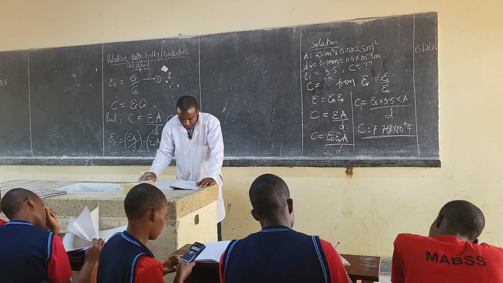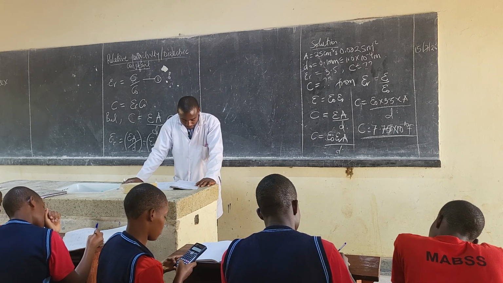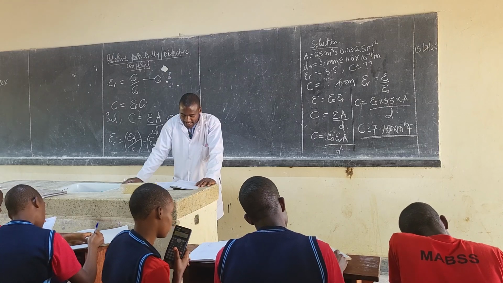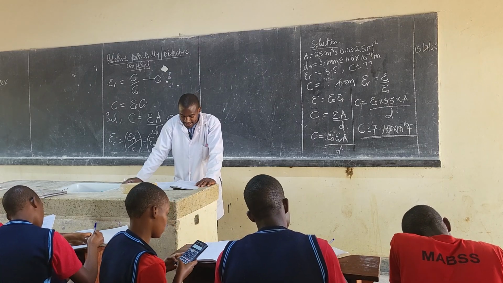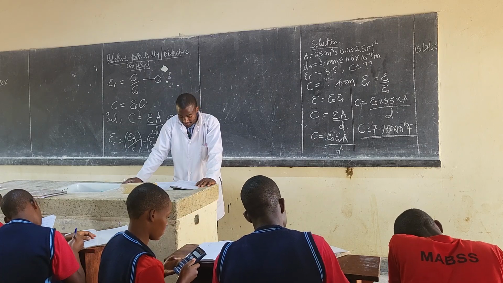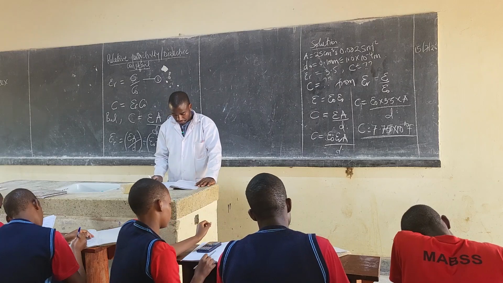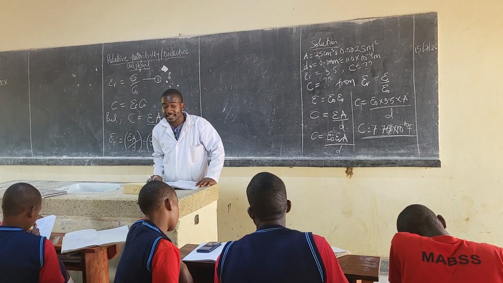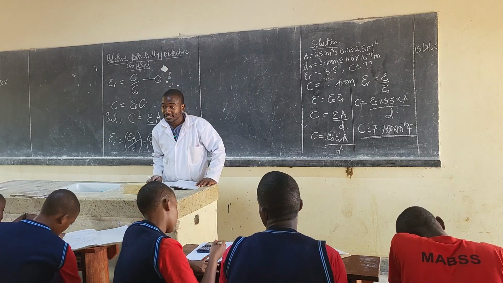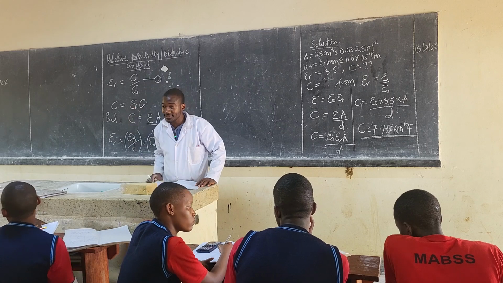I've said uses a dielectric with a dielectric constant 6, which breaks down if the electric field strength in it exceeds 4 exponent 7 volts per meter. Where are you stuck, young girl?